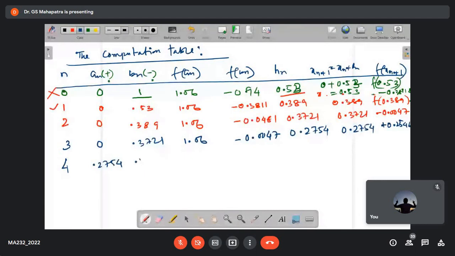Okay, now this one is f of n will change. 0.2546. Is it 0.2546 now? The last one. Okay, now you tell me the f of bn. F of bn, 0.47 remaining same, correct. Now hn.